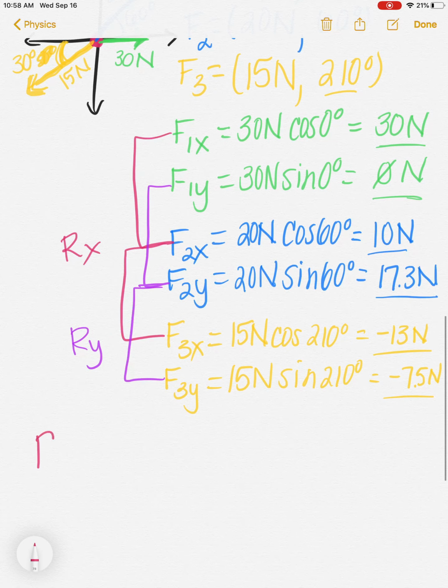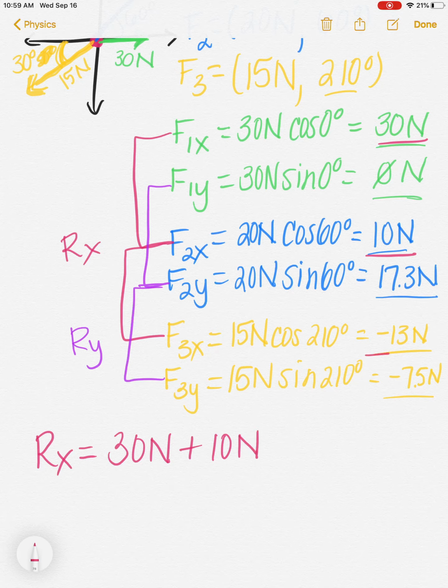The resultant x is going to be equal to the x component of the first vector, which is 30 newtons, plus the x component of the second vector, plus the x component of the last vector. That is going to give us 27 newtons.